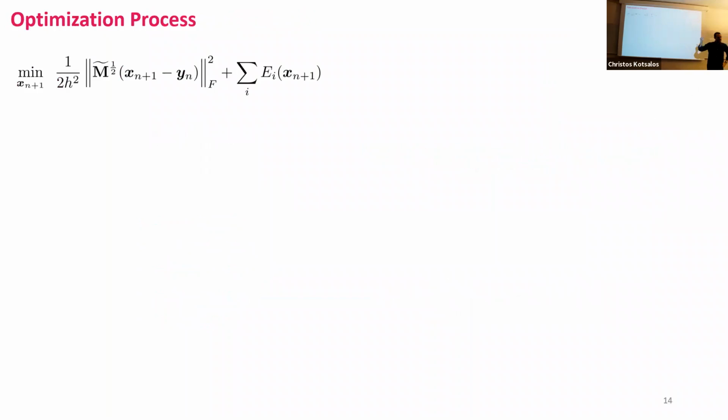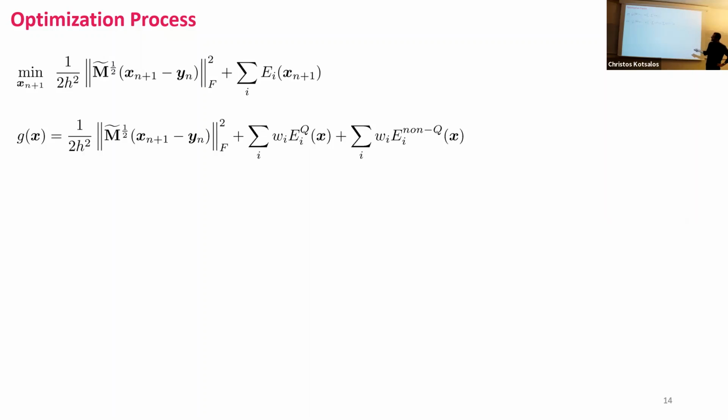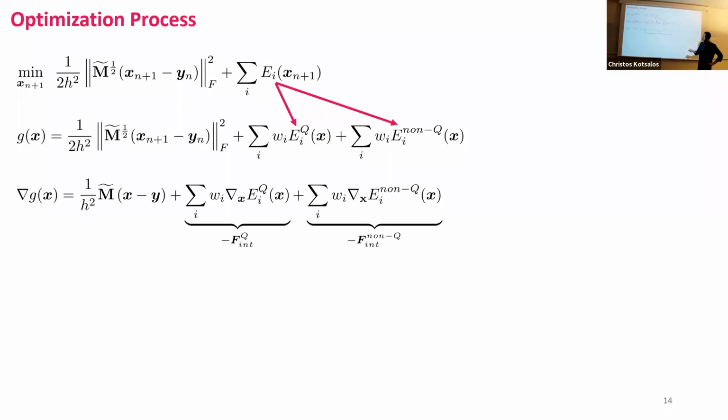So now if we go back to this optimization problem, which we are trying to minimize, we can split it into the quadratic potential energies and the non-quadratic potential energies, and then let's also take the gradient of this equation. So how am I solving this optimization problem?